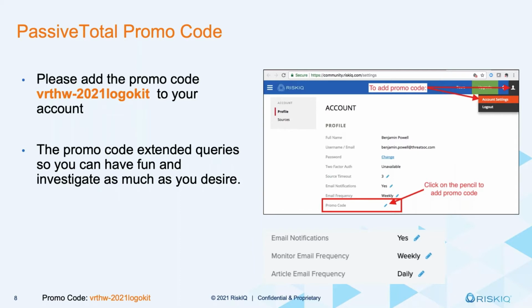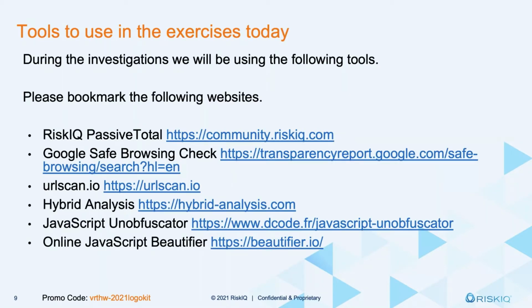Okay. So some of the tools that we're going to be using today to explain what's happening when I get into it is we're going to be using RiskIQ, the Google Safe Browsing check site to see if something is good or bad according to Google, URLScan.io, potentially Hybrid Analysis, and then we'll look at some abilities to take some JavaScript that's been obfuscated and take away that encoding and then beautify it so we can actually look at it and figure out what that script is kind of doing.